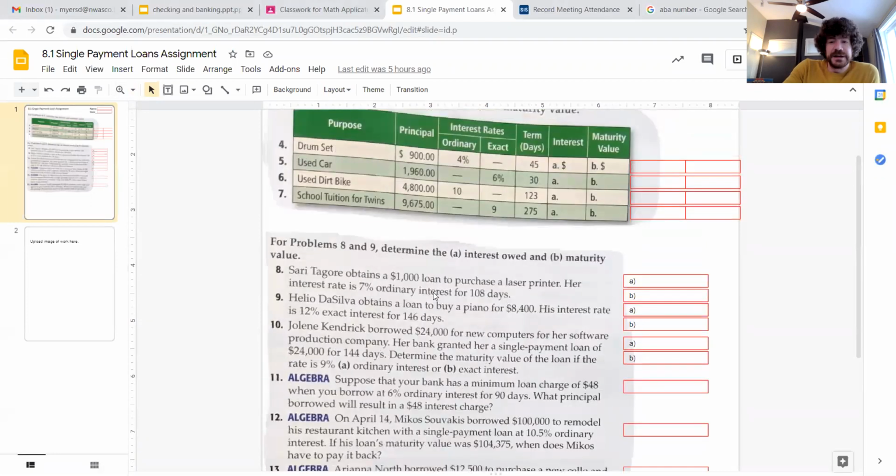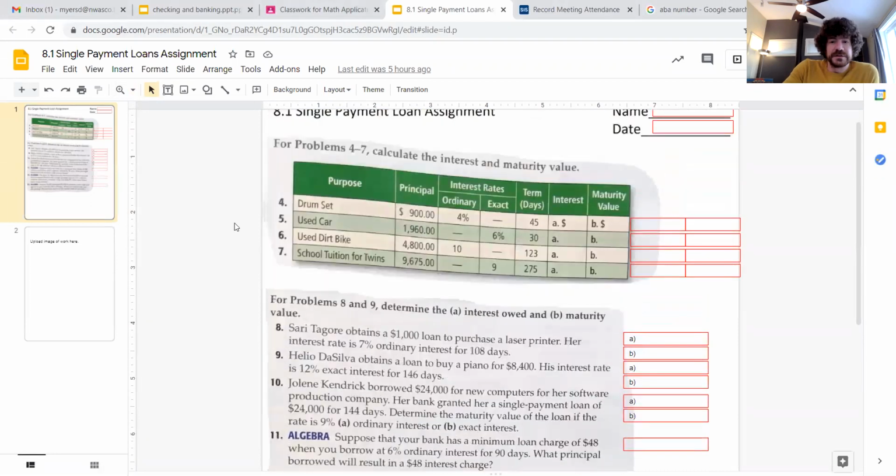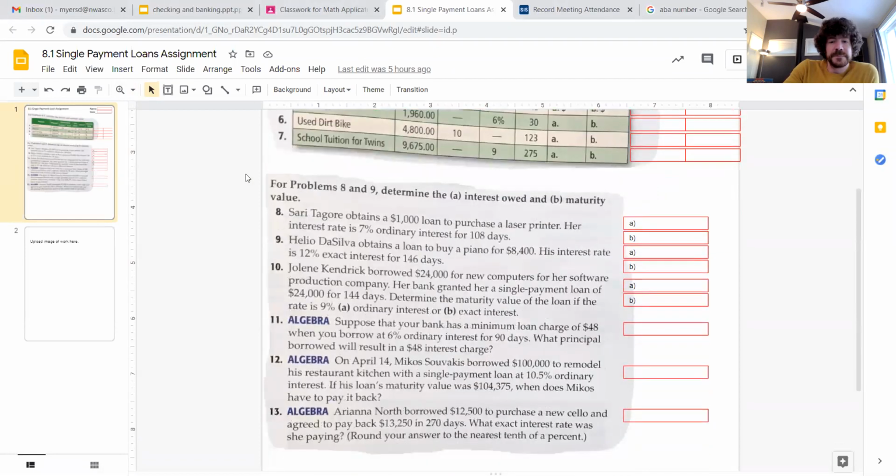If we need any of this to be 4 through 7, okay, that's fine. 8 and 9 determine the interest owed and the maturity value. So it tells you ordinary interest here or exact interest here. Determine the maturity value, ordinary and exact interest for number 10. Okay.